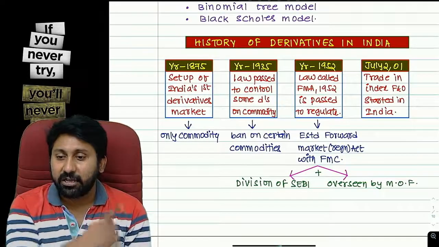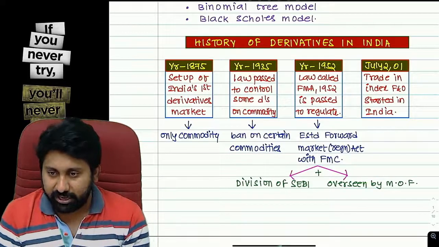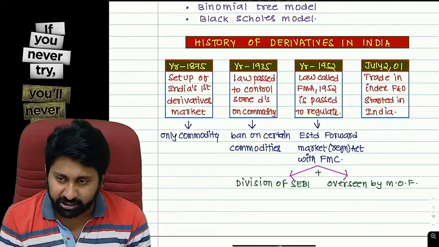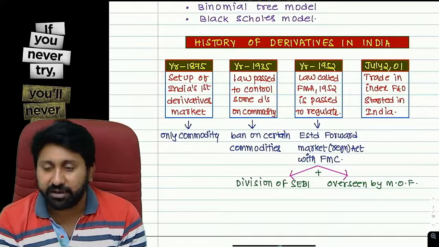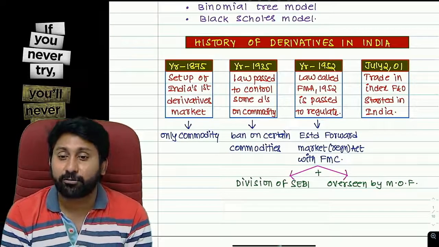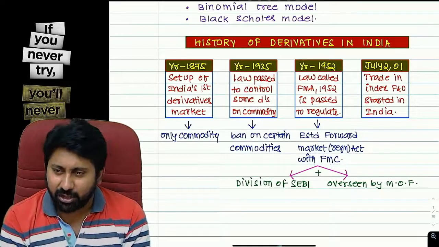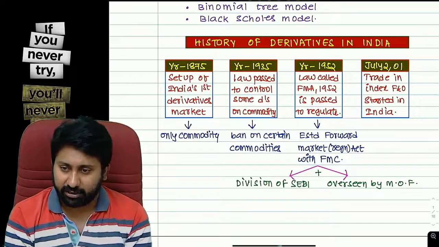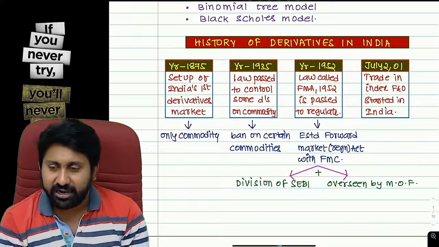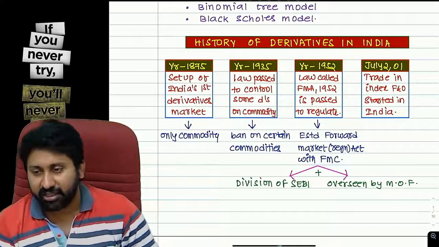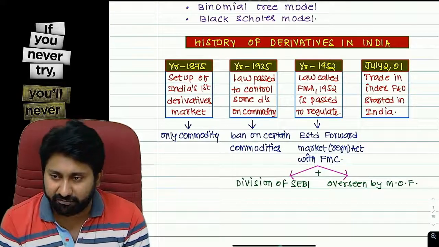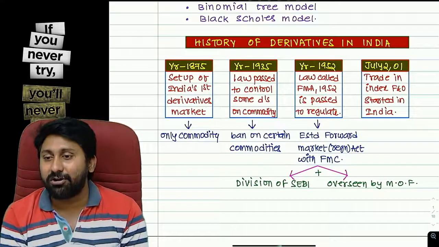FMC means Forward Market Commission. It was established with the Forward Market Regulation Act, which regulates futures and options in India. Not only that, any kind of forward market is covered under that act. It is a division of SEBI and is also overseen by another ministry in India called the Ministry of Finance.